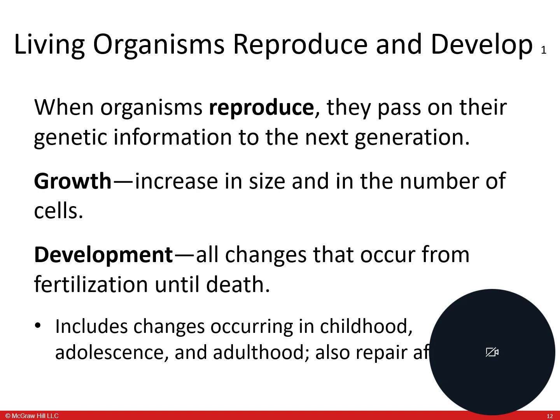Development is all the changes that occur from fertilization until death. So we kind of divide the development period into three, right? Childhood, adolescence, and adulthood. Those are the three developmental periods. And again, development is possible in all three of those periods. Granted, we see the most developmental changes in the body as a whole take place from childhood to adolescence.